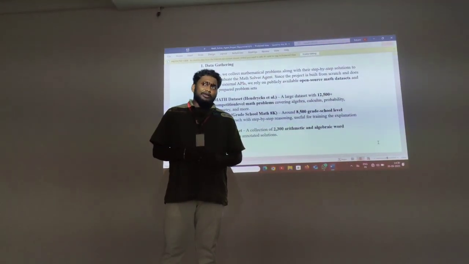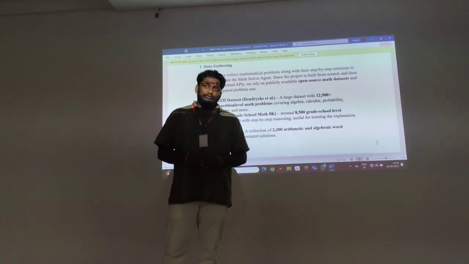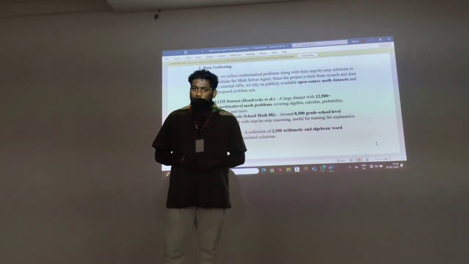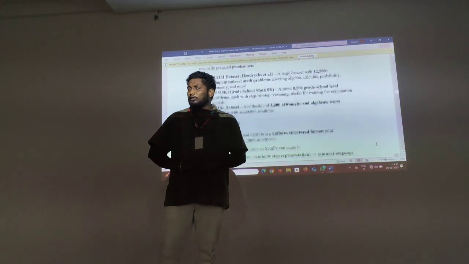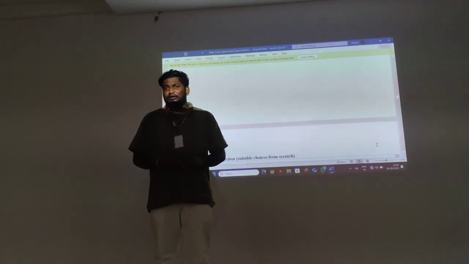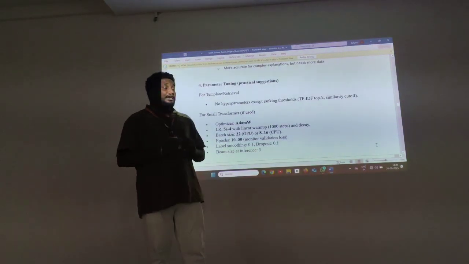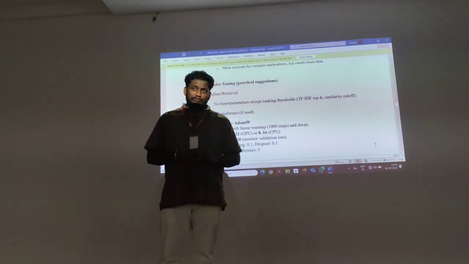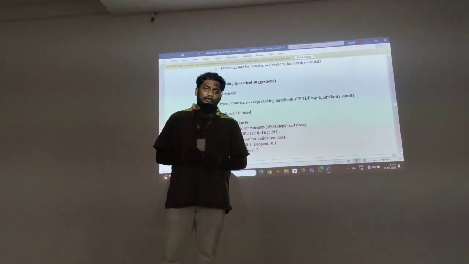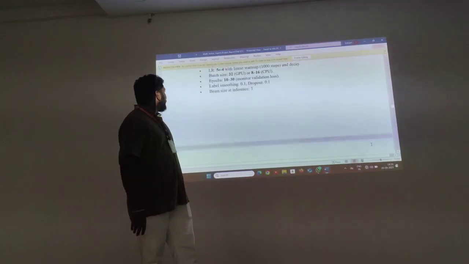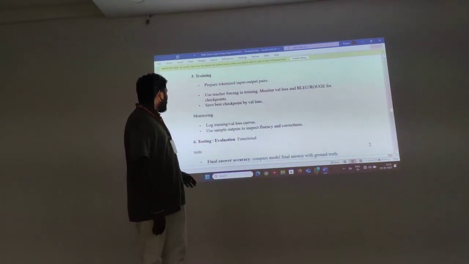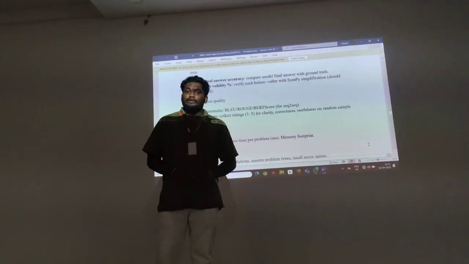After collecting data, we clean the data by pre-processing. After that, we do the process called parameter tuning, in which we train the model on the data for sufficient epochs. After that, we give the data to testing.